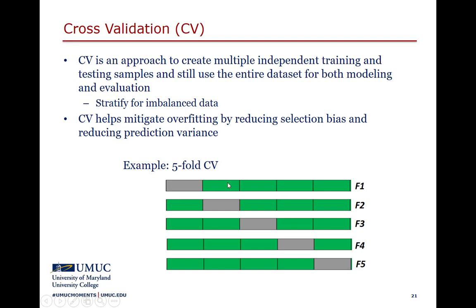You're using this for training and using the other one as an independent set. And you keep doing it by sliding the window here. Now the 3rd one will be the test, and the remaining for training, and the 4th one, and here the 5th one. So I'm performing the evaluation on the 5th one, and the rest will be training.